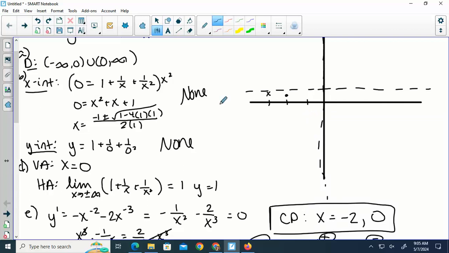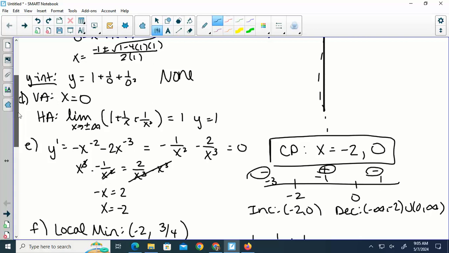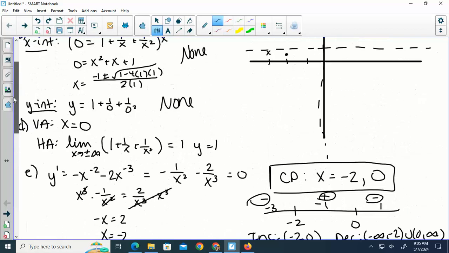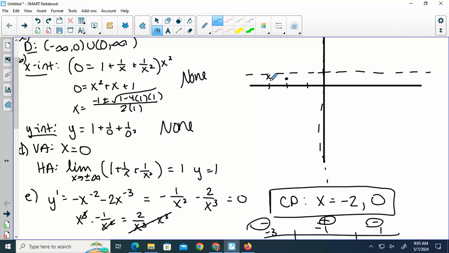So our graph has to be decreasing to begin with and curving downward. Right, so curving downward, like this, we know as we're getting close to an asymptote. Then it switched to concave up, but we're still decreasing.